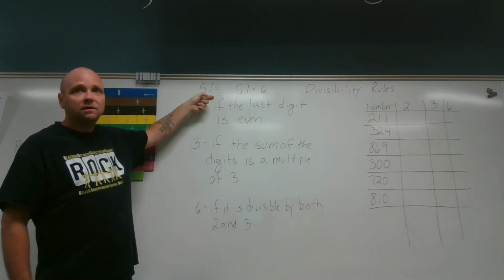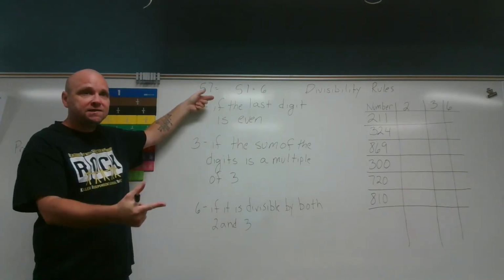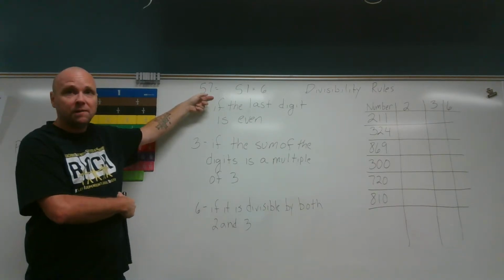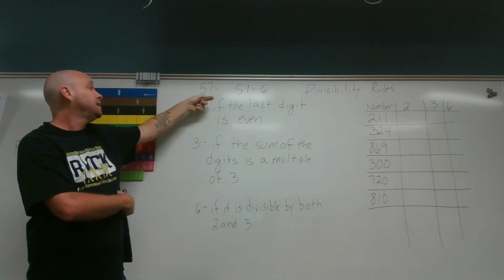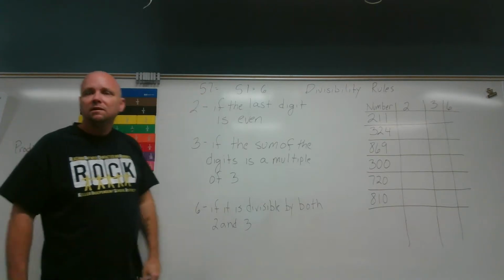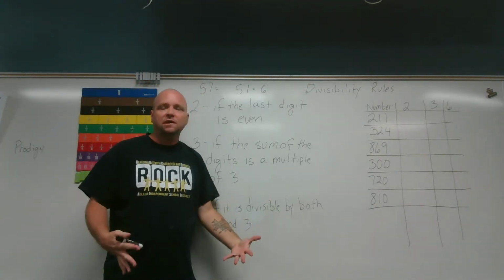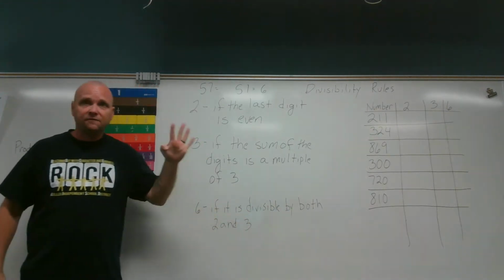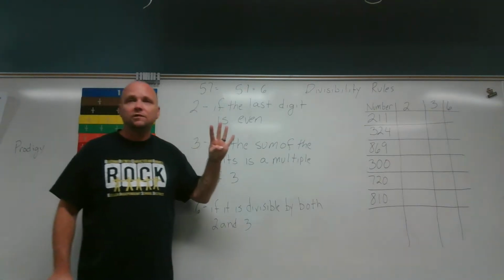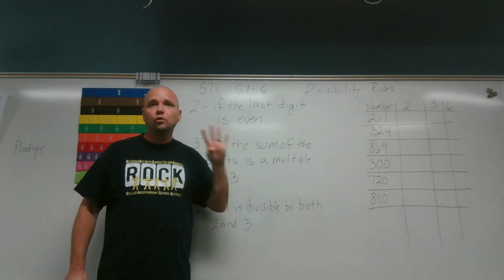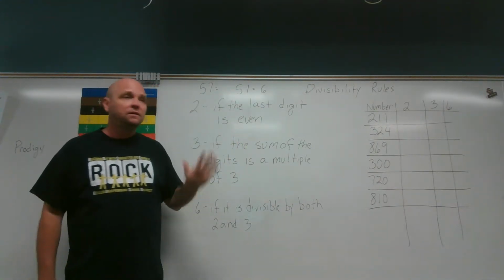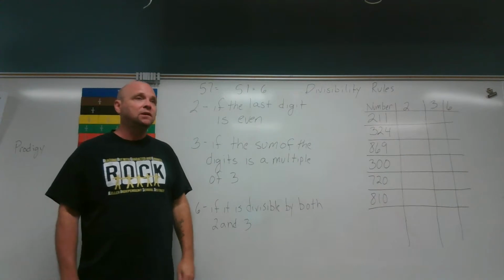If 57 has 1, 57, 3, and something else, because 3 is going to go in there a certain amount of times, 19 times, then it's obviously going to be composite, because it's going to have at least 4 factors. I don't know, there may be more, I don't know off the top of my head. But there are at least 4 factors. These are 2 that get people a lot. 39 is one that gets people a lot.